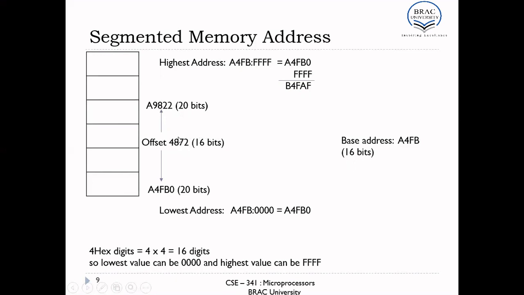Here is an offset that is of 16 bits to address this particular location. And the offset can range from 0000 to FFFF. So if we add the base address, that means this location, and the highest offset, that is FFFF, we get B4FAF, which is the highest location of this particular segment.